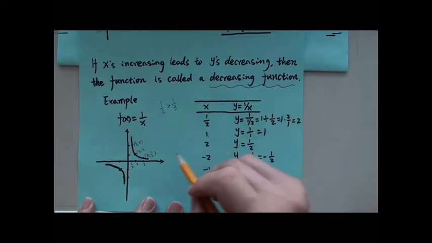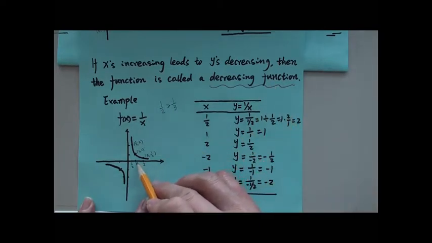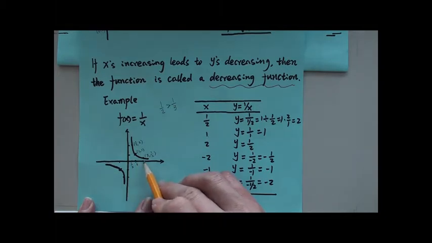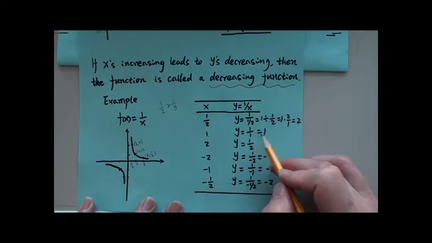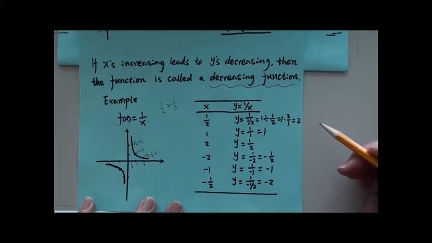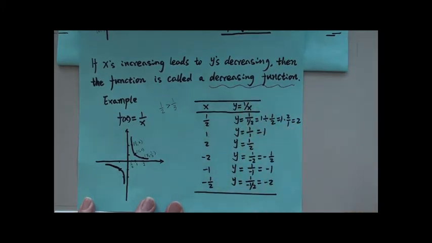If you choose any two points, x goes from 1 to 2, from smaller to bigger, and y goes from 1 to 1/2, from bigger to smaller. So this kind of function is called a decreasing function.